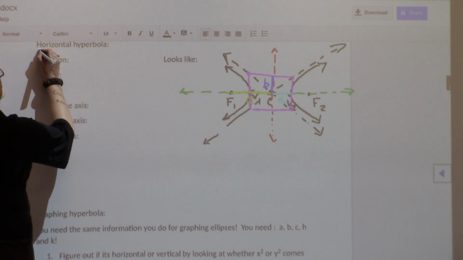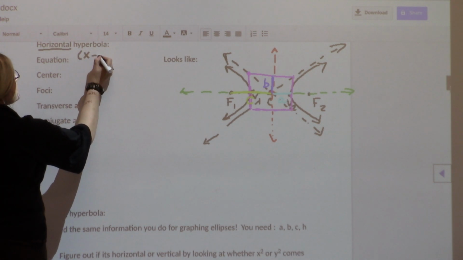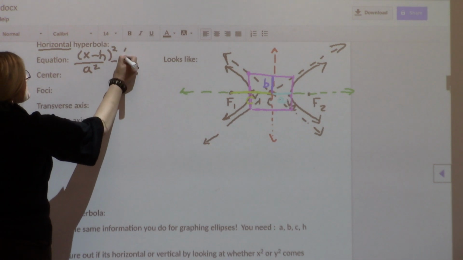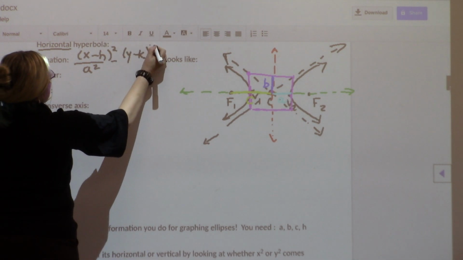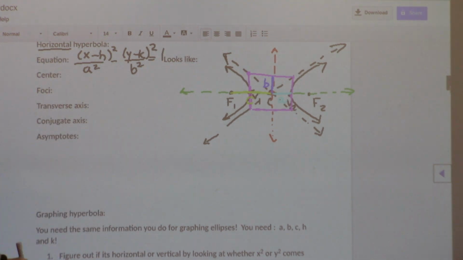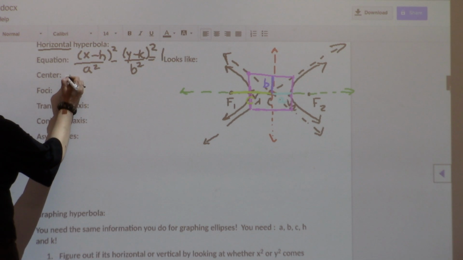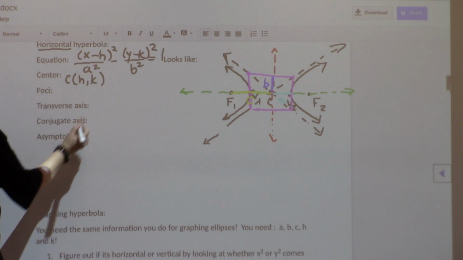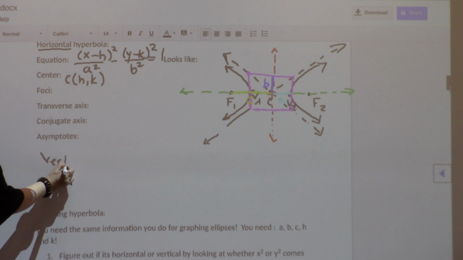The equation this time, since it is horizontal, we said x minus h squared over a squared minus y minus k squared over b squared equals 1. The center is still at what? H, K. Going to add the vertices down here again.